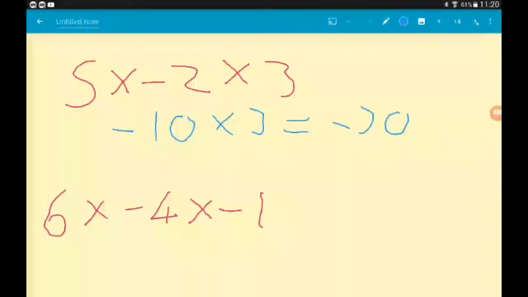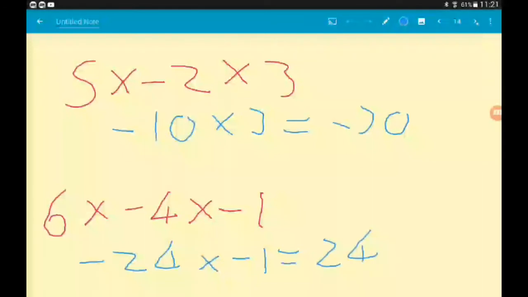And then the second one, we've got 6 times minus 4 times minus 1. So let's do that first. Positive times a negative is negative. So we've got minus 24 times minus 1. And that is going to give us positive 24, because we've got a negative times a negative. So if you have chains, break it down to one multiplication at a time.